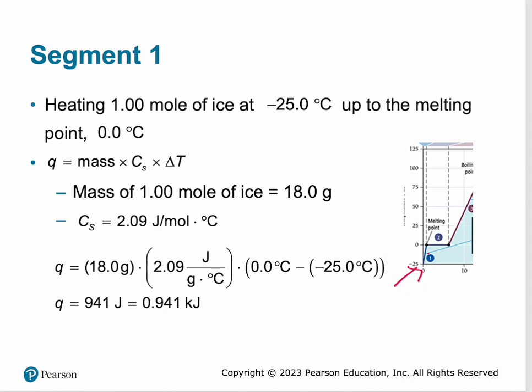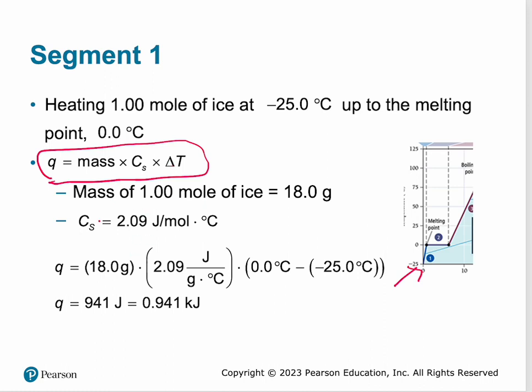We heat the ice to get to melting ice. The equation we use is Q. Again, the Q is mass of the ice times a constant, this constant different for different material, times delta T, change in temperature.